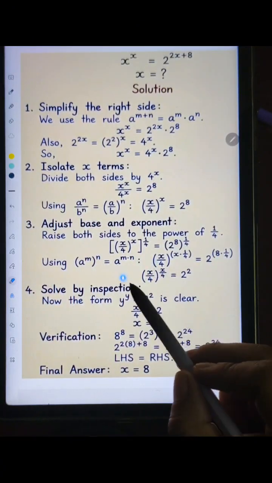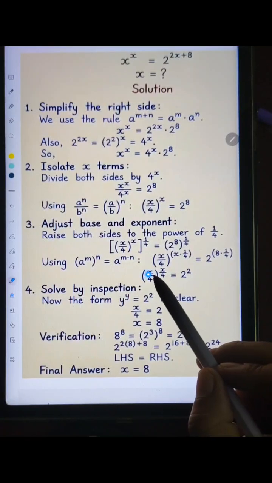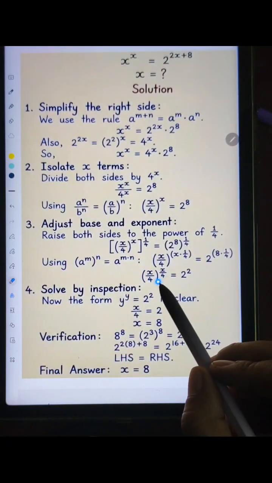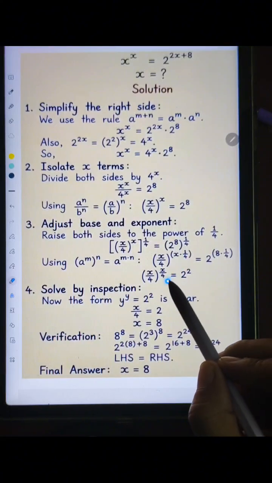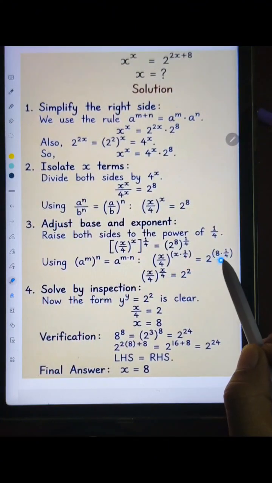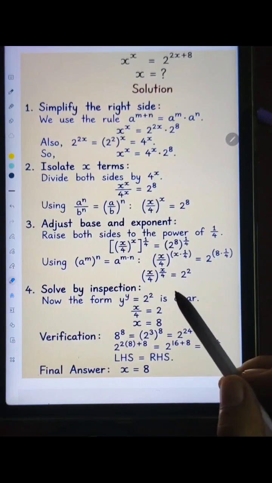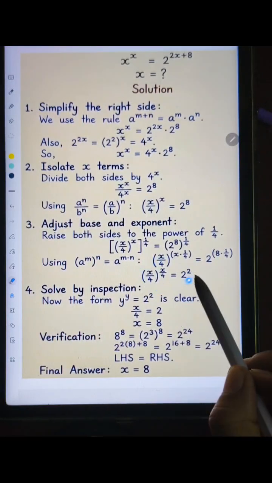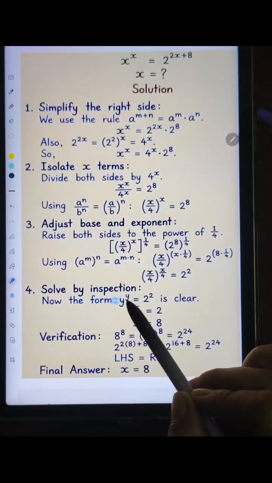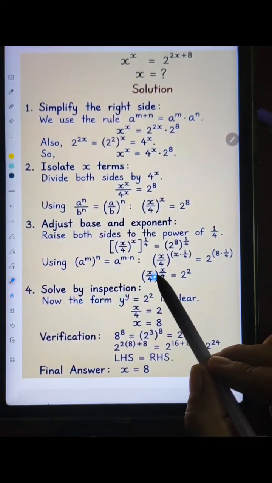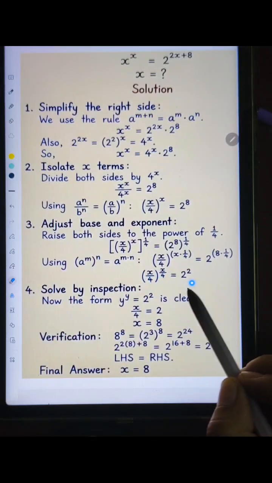Now, simplifying the left and the right side of the equation, we have the quantity x over 4 raised to x over 4 equals 2 raised to 2, because 8 divided by 4 is 2. Now, from this equation, we can already get the value of x. We can solve this by inspection. We can clearly see that x is equal to 8.